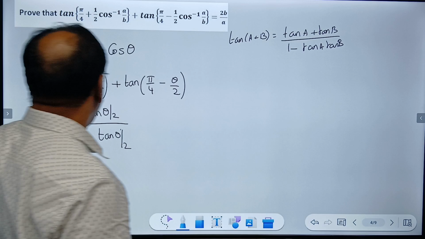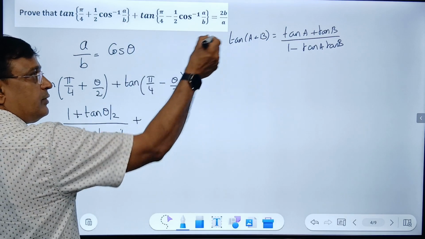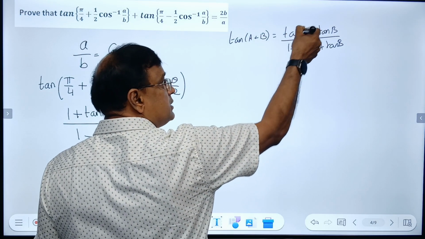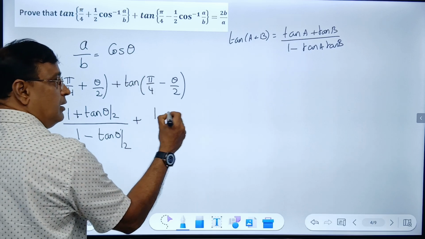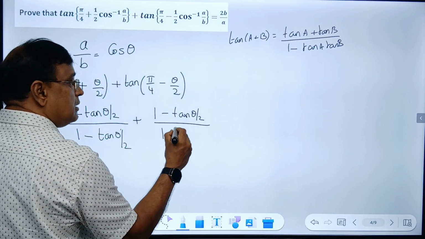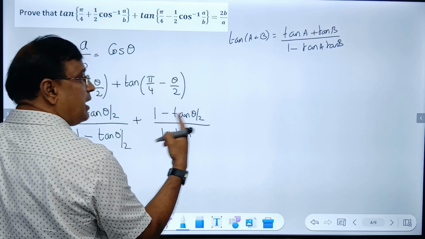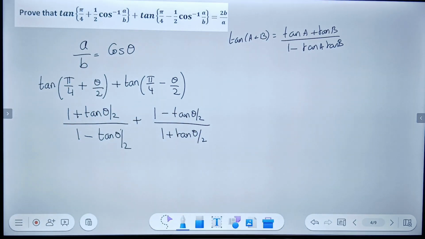Here my a is pi by 4, so tan pi by 4 is 1. I didn't write it. Okay. What is tan(a minus b)? Same thing. Numerator will be minus, denominator will be plus. It is tan a, tan pi by 4 is 1, minus tan theta by 2 by 1 plus tan a tan b. Tan a is pi by 4, so I am not writing it, tan theta by 2. So that is 1. Now you take the LCM.